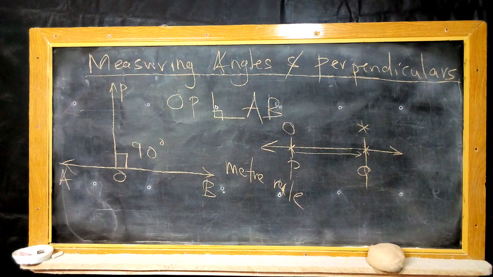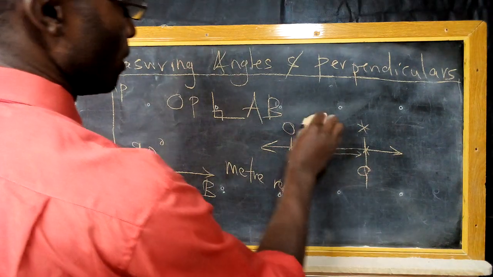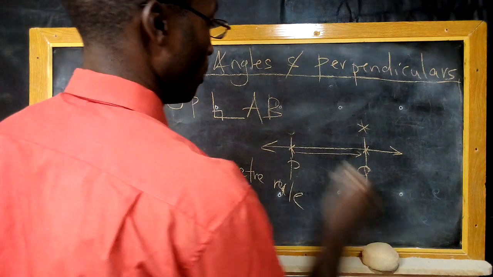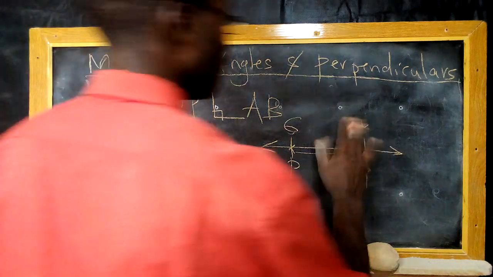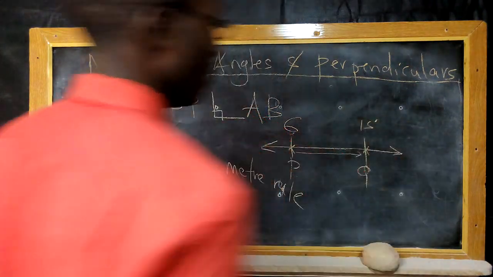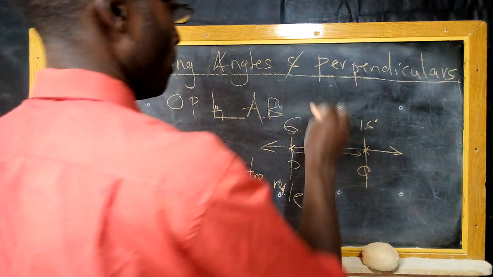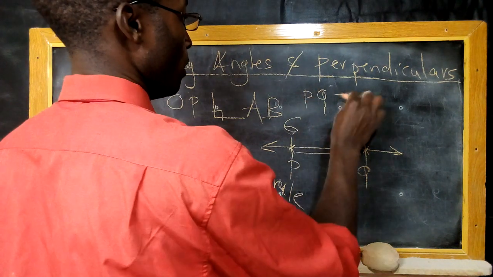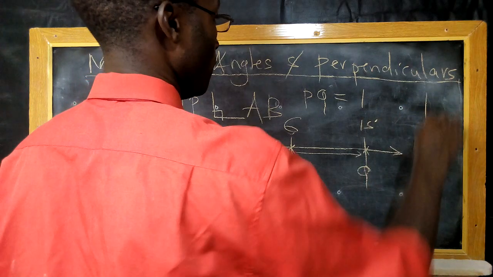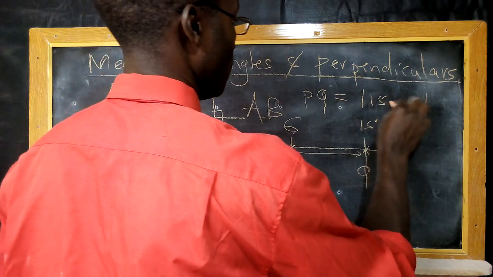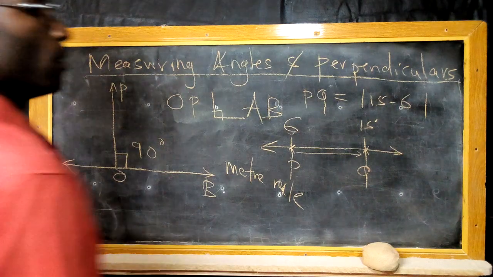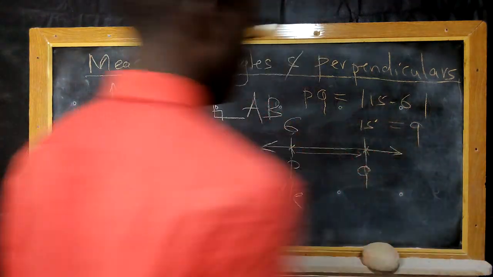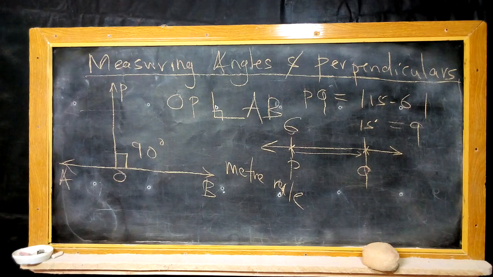Maybe it does not necessarily need to coincide with the point 0. Suppose this one was at point 6 and the last one was at point 15. The magnitude of that line, which is PQ, will be 15 minus 6, and that will give us 9 units.